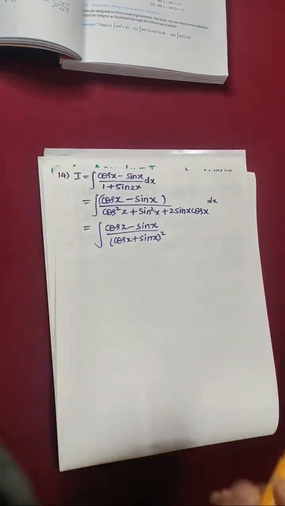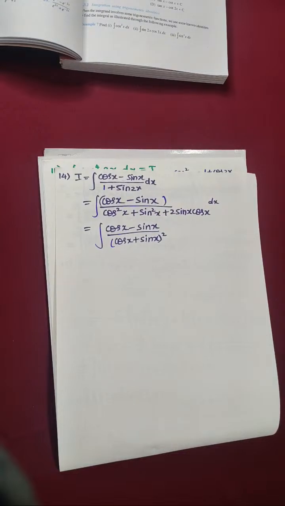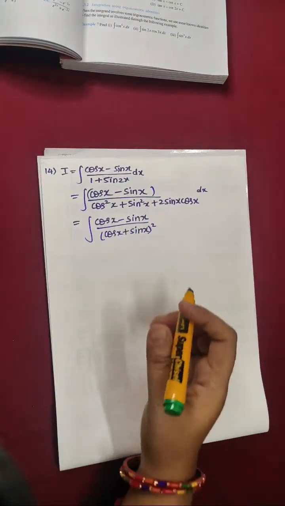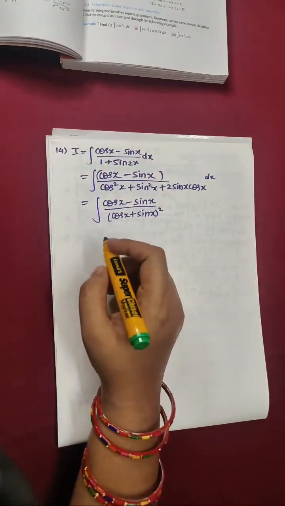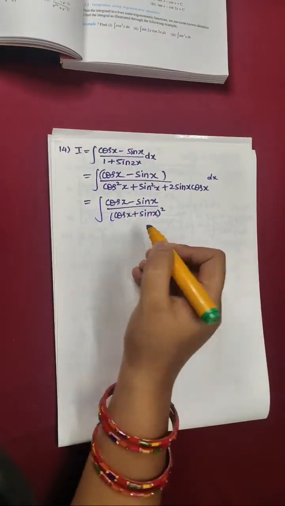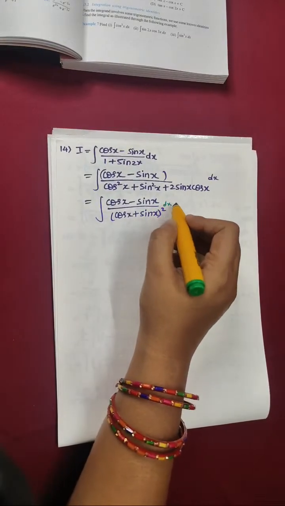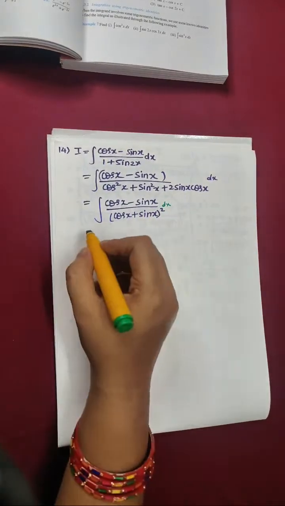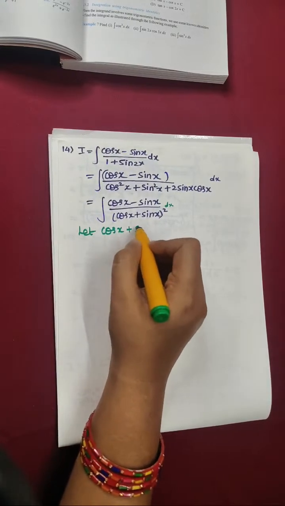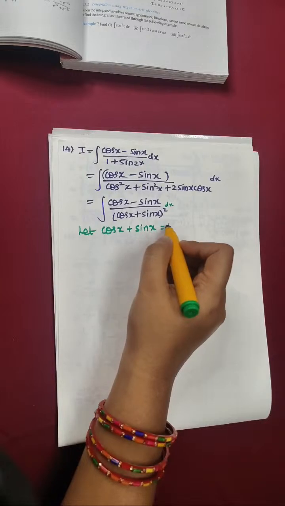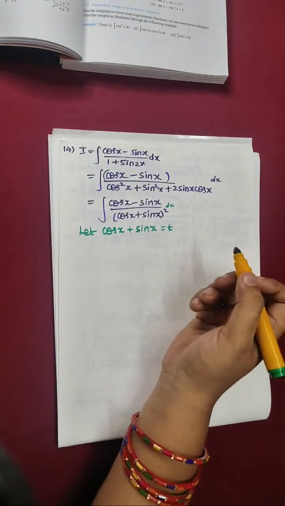So nothing differs here. And for further simplification, we have to use the substitution method that we have learnt in the second exercise. Obviously, we will take the denominator part as t. Let cos x plus sin x equal t. What will be the next step? Differentiating with respect to x on both sides.